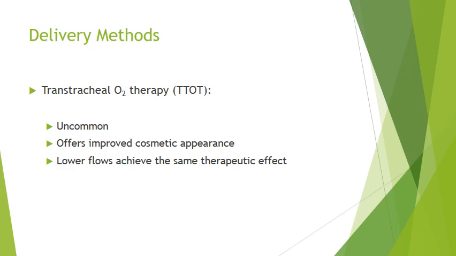You can put a scarf around your neck, or for a man to button up his collar, you would not be able to see that the device is there. And usually because you're going right into the trachea, it does not require as much O2, so your O2 level of liters in flow is a lot lower, and it achieves the same therapeutic effect as if you were having a cannula in your nose.